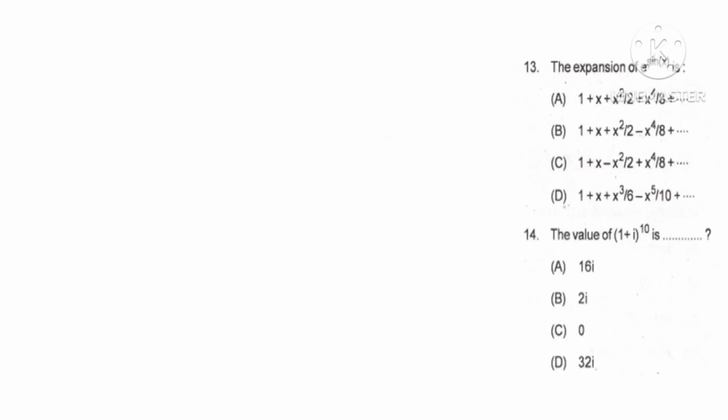So this is asking for the expansion of e to the power sine x. 13th question, e to the power sine x. So you know there is a special case of Taylor series. You can write down the Taylor series expansion when x is equal to 0.